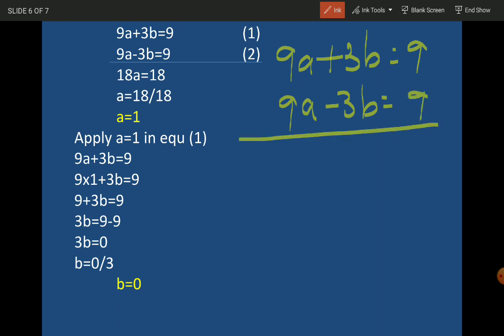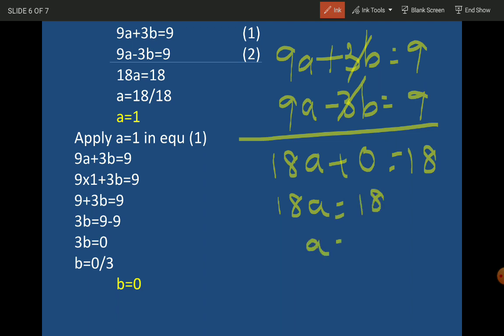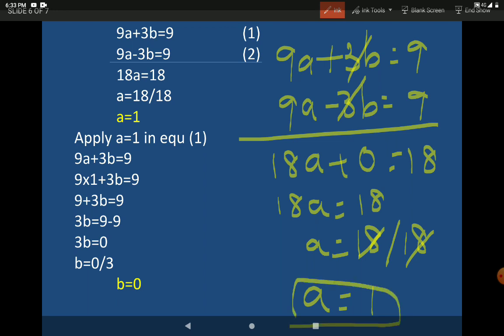First we have to find any one value. Both the signs are different, so we can cancel. 9 plus 9, 18a plus 0 equal to 18. 18a equal to 18, a equal to 18 divided by 18. Cancelling, we get a is equal to 1.